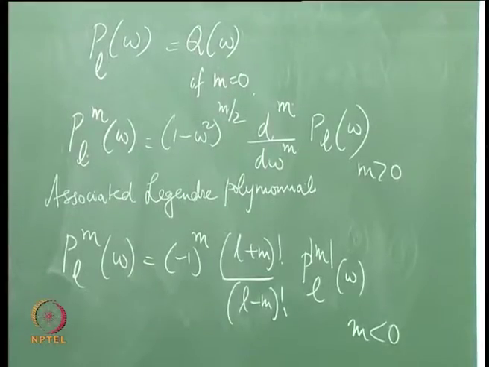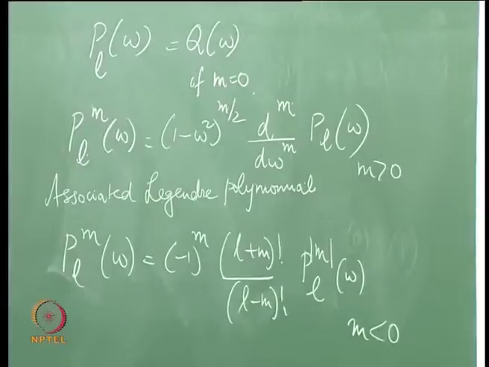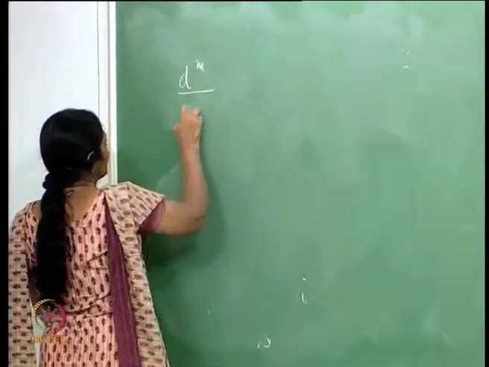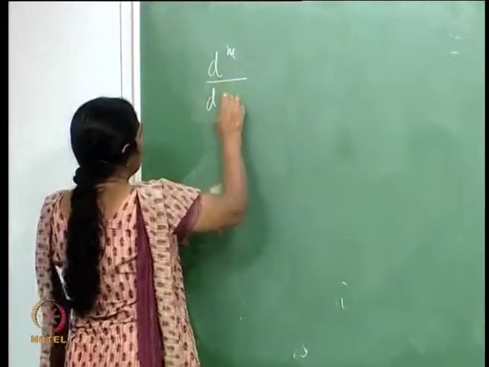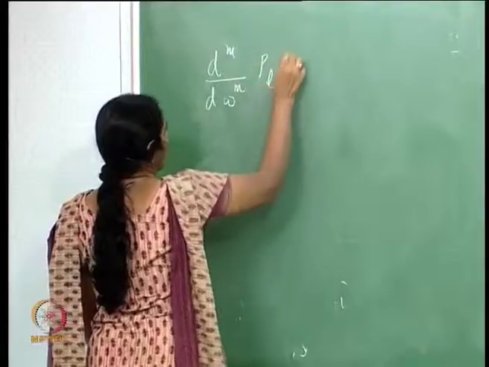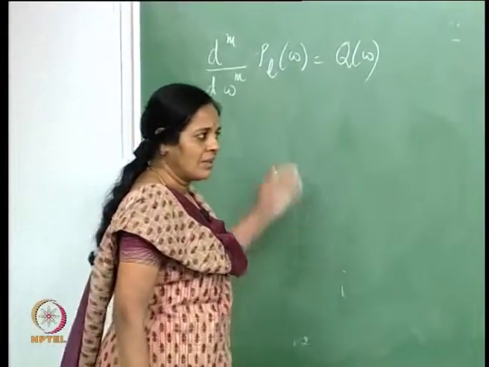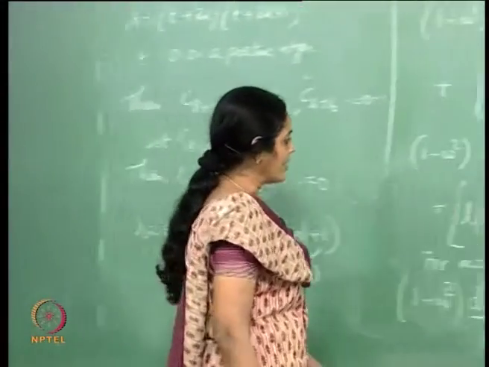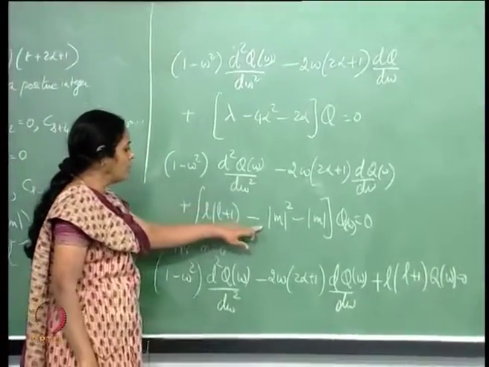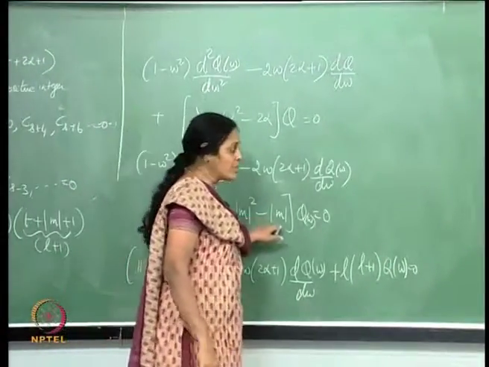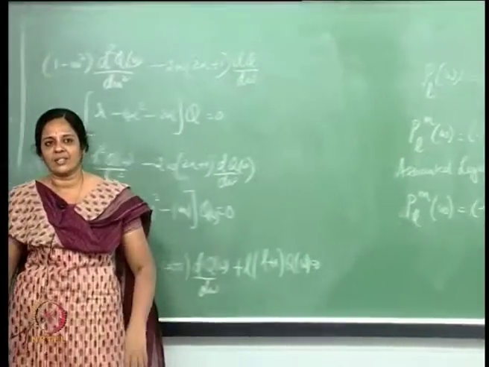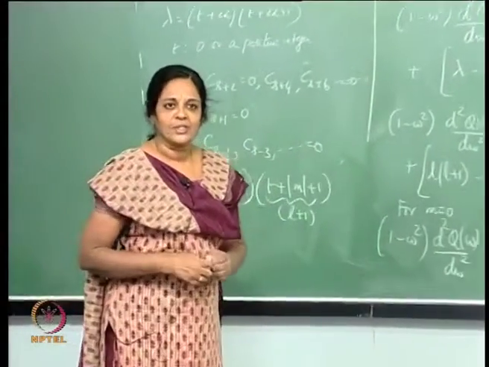Now, if you identify q of w as the mth differential d m by dw m of P L of w, then you can check for yourself, and I leave it as an exercise, that the equation for q of w for m not 0 is precisely the equation satisfied by the associated Legendre polynomials.